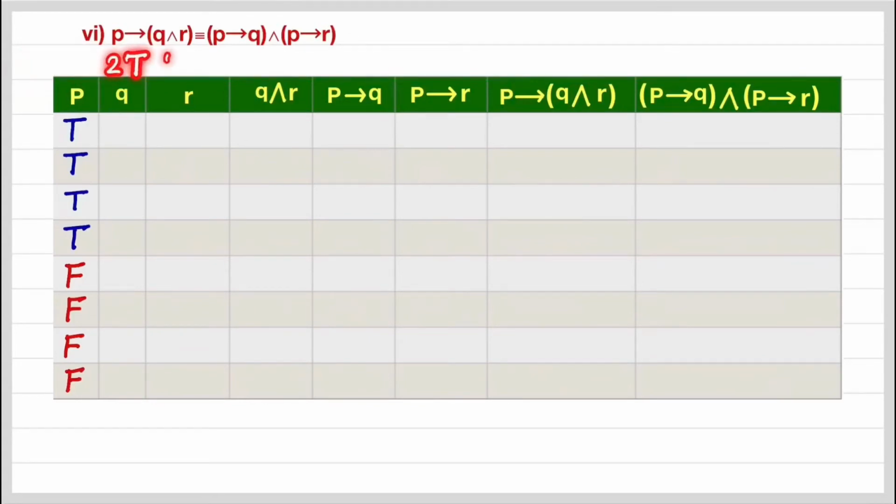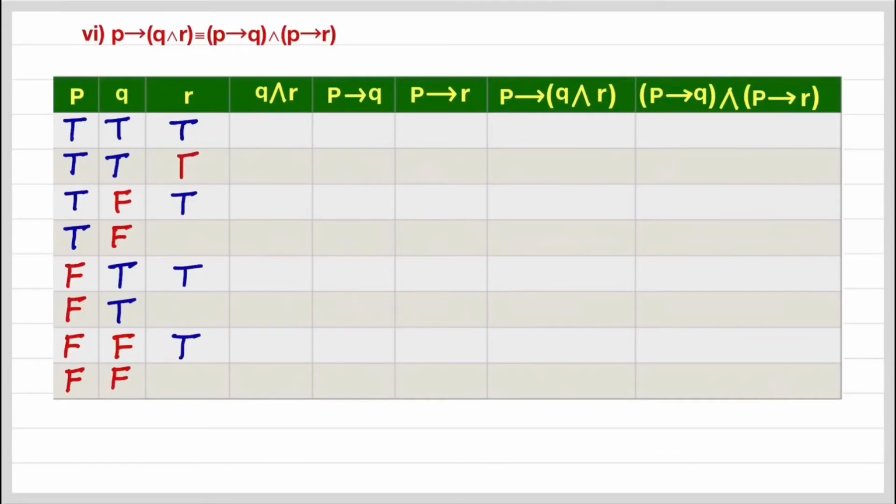For P we have taken 4T, 4F; for Q we make it half, 2T, 2F, and repeat it. Again, make it half. For R, 1T, 1F, that means alternately true, false, true, false. These are all the possible combinations. 8 combinations are there.